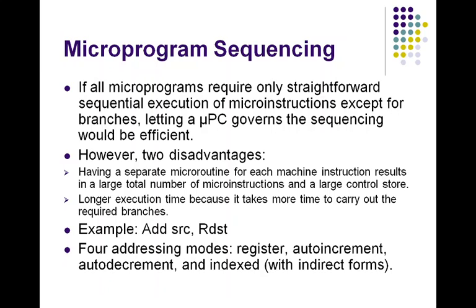Now let us assume that the source operand can be specified in the following addressing modes: register, auto increment, auto decrement and indexed, as well as the indirect forms of these four addressing modes.